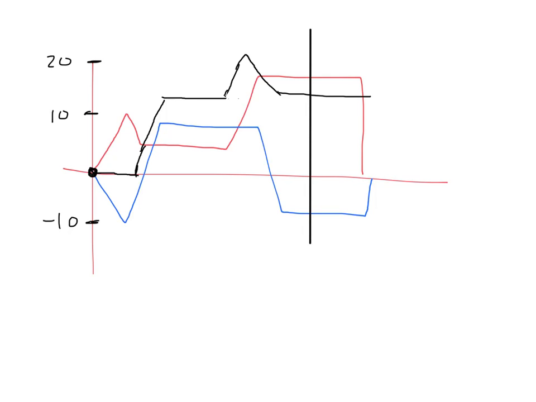Let's say this is time, and I said to you, at time equals 15 seconds, which is where the vertical line is, determine the height of the resultant wave. Well, if this height is around 18, and this height is around -7, the height of the resultant wave should be 11. Okay?